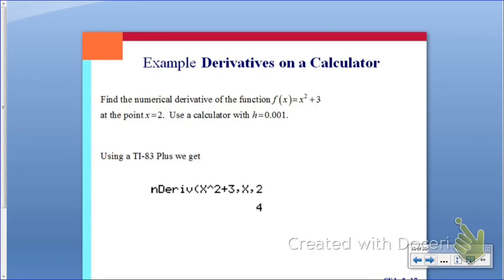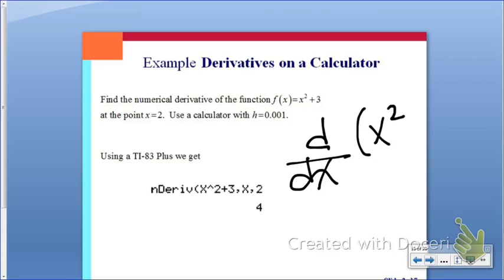So in the graphing calculator, instead of using the parentheses, you'll probably have a d/dx, and then you'll put in the function, and it might ask you for d/dx or f prime perhaps, and then it will ask you at what point. So we put in x equals 2, and it will tell us the answer to the numerical slope or derivative at that point.